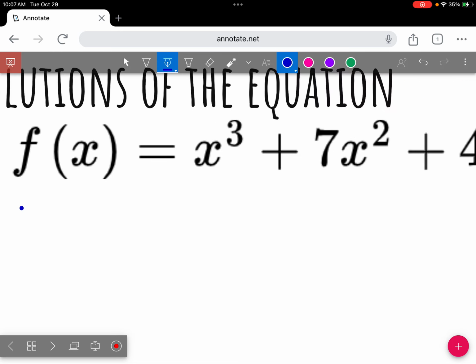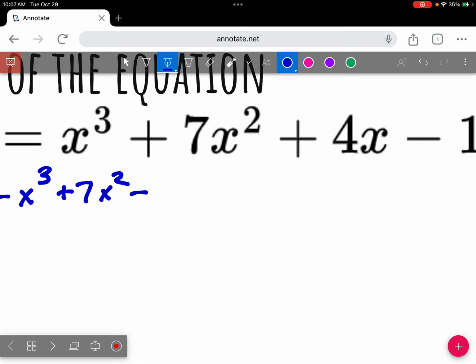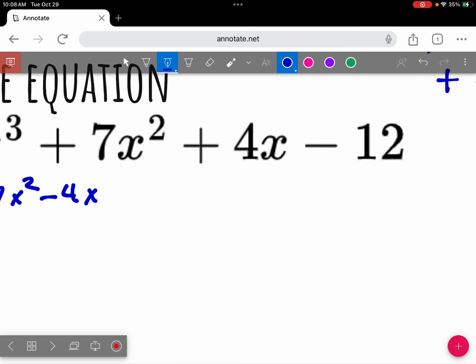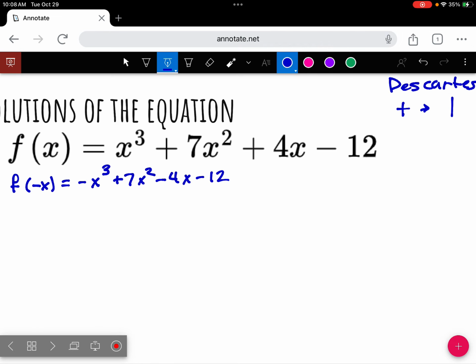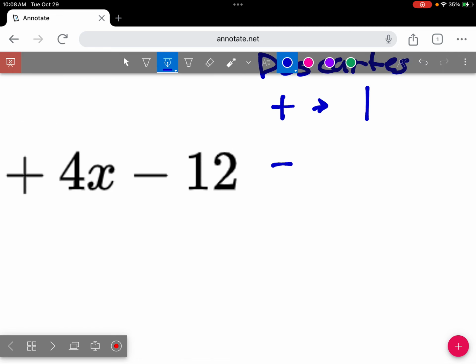To do our negative roots, that's when we do our f of minus x and we substitute that in. Odd degree powers will change sign, even degrees will not. So if we have minus x cubed plus 7x squared minus 4x minus 12, how many sign changes do we have in the negative version? 2. So how many negative roots are we going to have? 2 or 0.